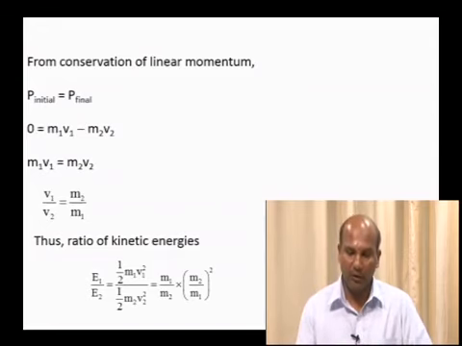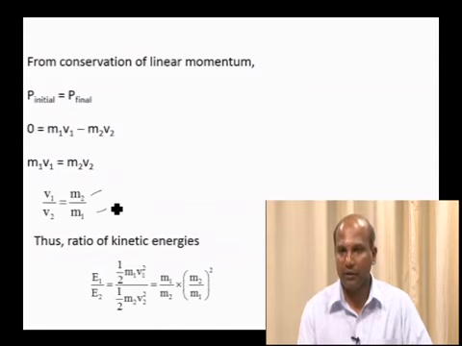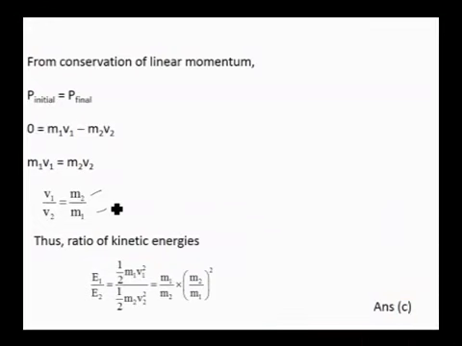Using this, I know the ratio of the two velocities v1 and v2, which is equal to m2 divided by m1. Thus, the ratio of kinetic energies. Here the energy that is given is kinetic energy, and therefore half m1 v1 square. But I know what v1 and v2 are here, which is m2 divided by m1. Substitute here, and you will see the correct option is C there.